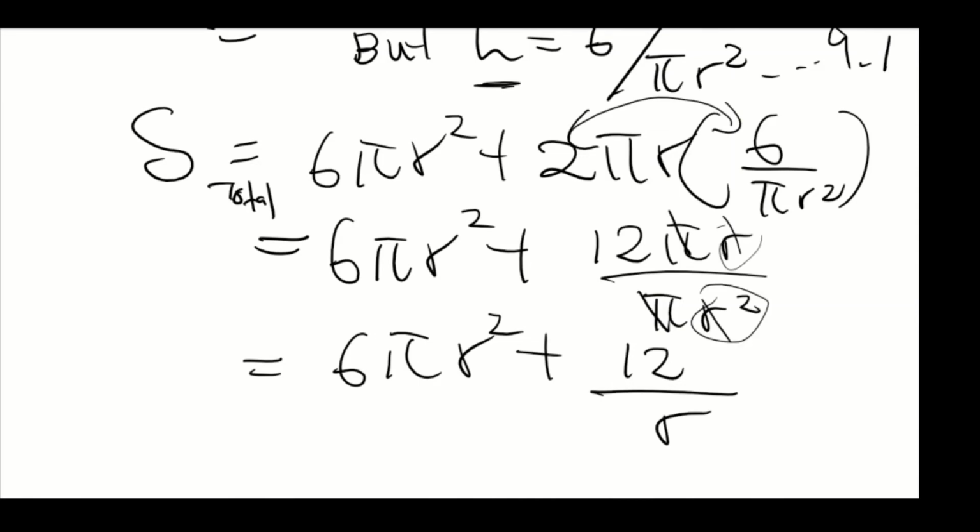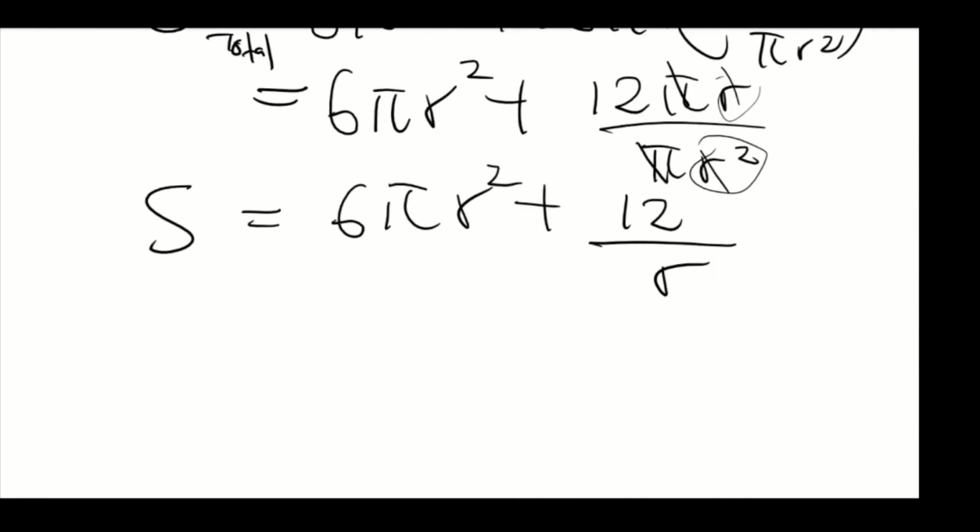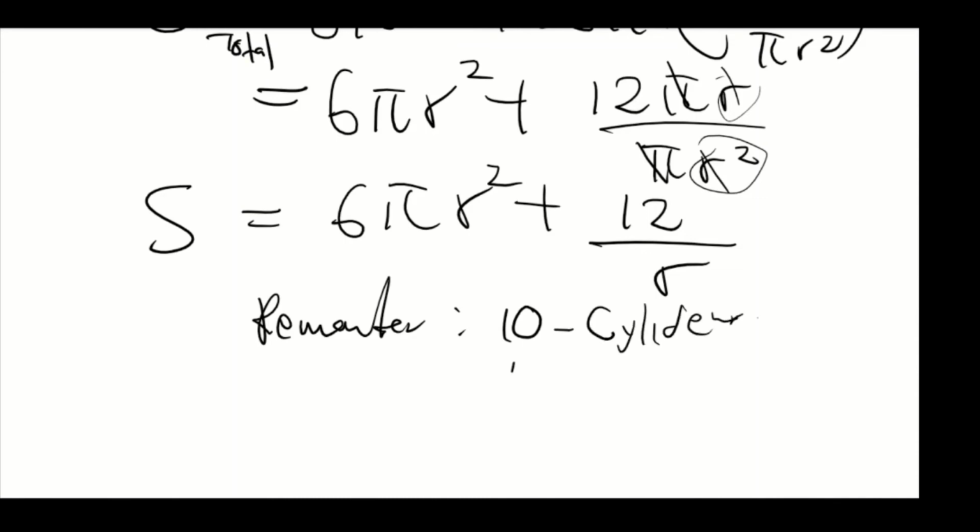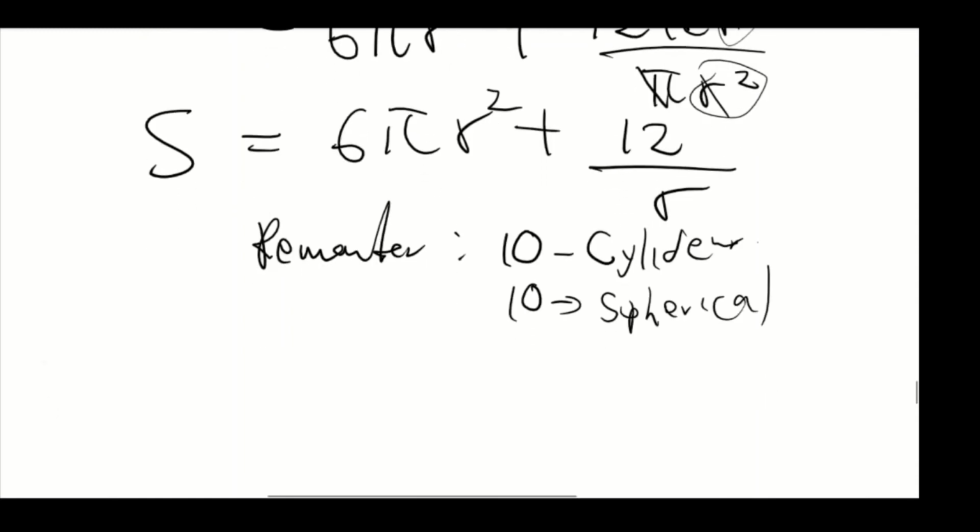And this is the total expression, but we need to remember that there are 10 beads which are cylinder shaped, and there are 10 beads which are spherical. So we need to multiply the surface area by 10.